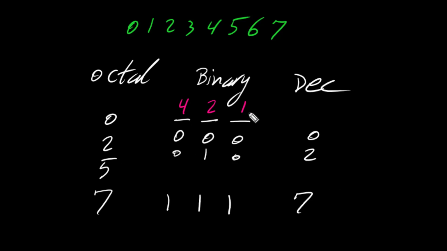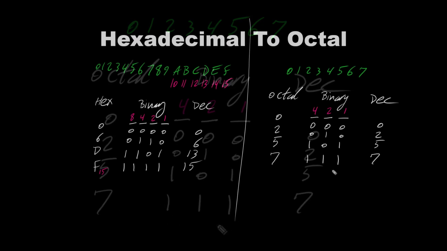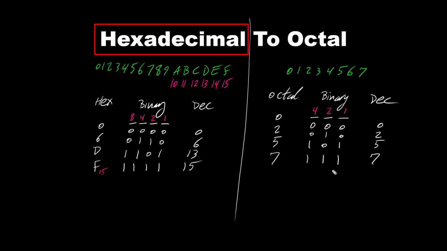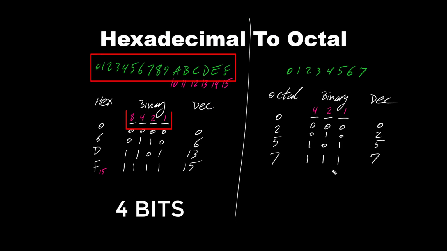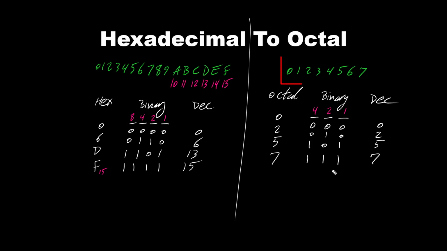We have 4 and 1 turned on, and decimal value is 5. So as we can see, for every octal digit we have 3 bits, because 3 bits cover all of 0 to 7, with some bits turned on and some turned off depending on the octal digit. So just remember, for every hexadecimal digit we have 4 bits, and for every octal digit we have 3 bits.